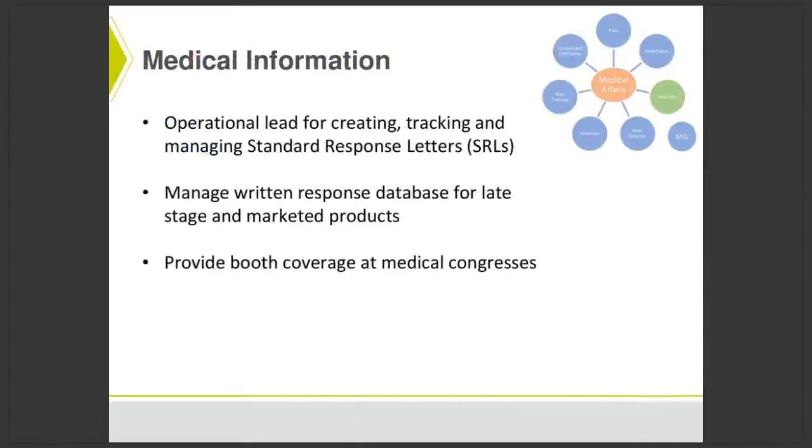So MedInfo is responsible for the creation and the formatting of various documents. You may hear them called SRLs, or standard response letters. They utilize these tools when they get an inquiry from an external stakeholder.